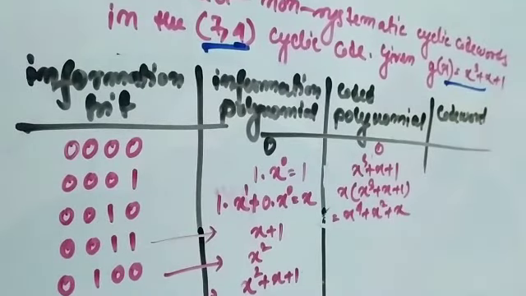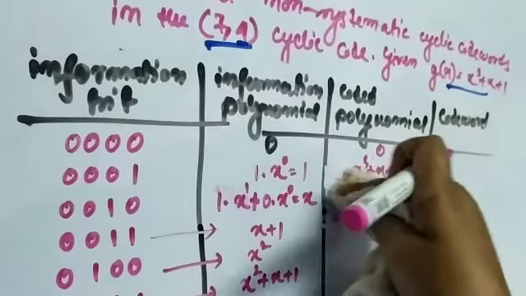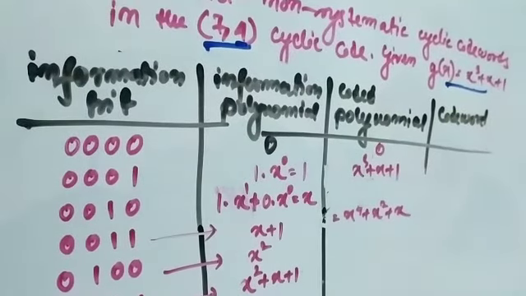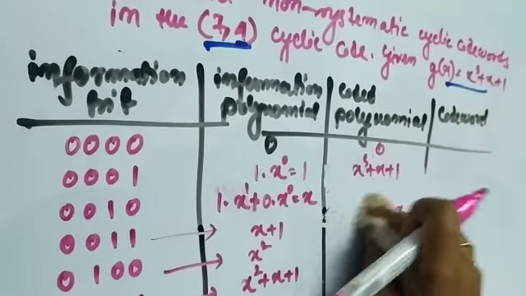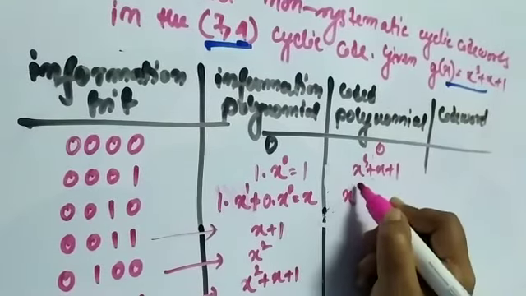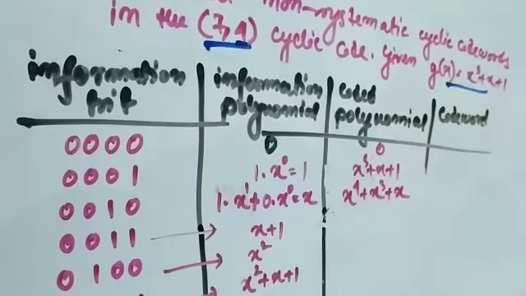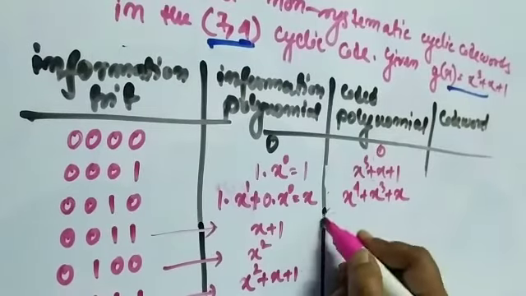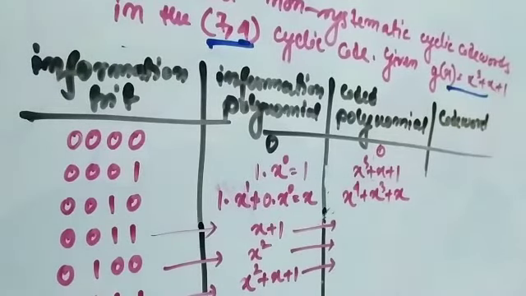So your third term is this: x to the power 4 plus x square plus x. Likewise, you can calculate the rest. All this you can calculate.